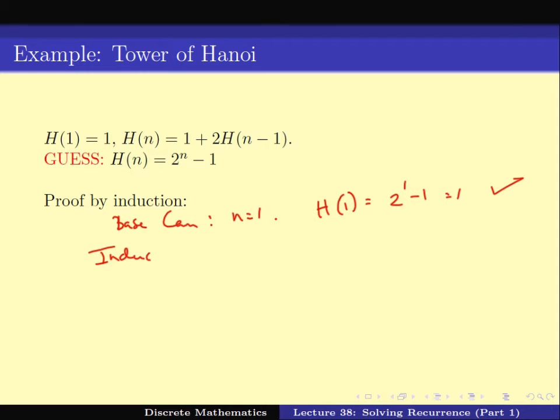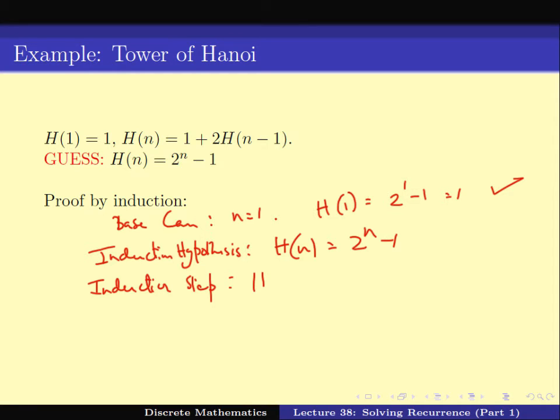So induction hypothesis, say Hn equals 2 power n minus 1. Inductive step. So we have to prove that h of n plus 1 equals 2 power n plus 1 minus 1.